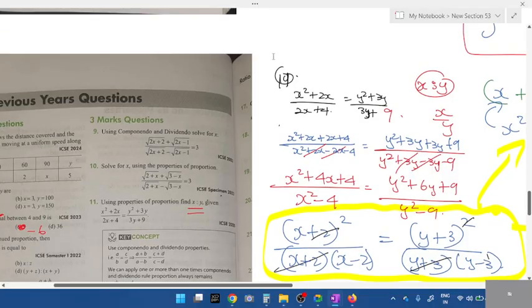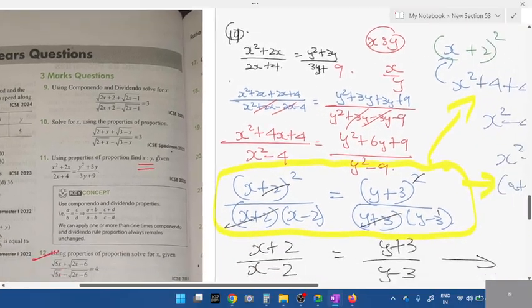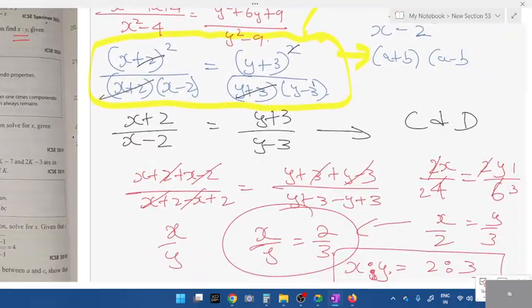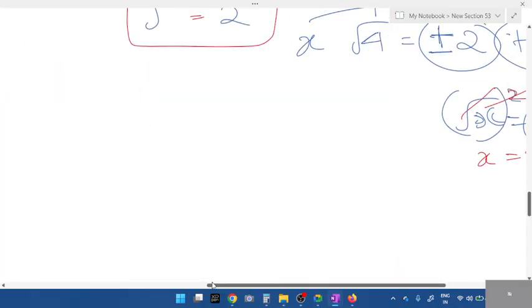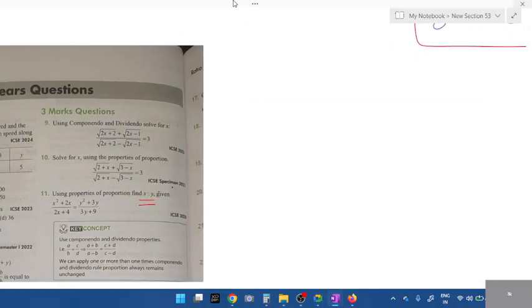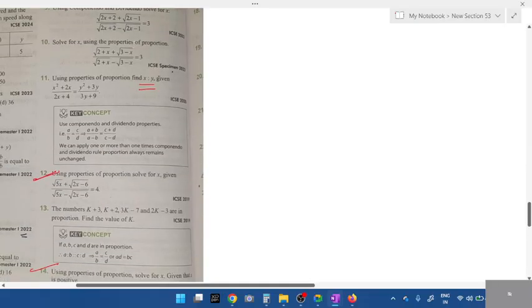I'll do one question. 13th question. All of you have completed, right? Shall we try the 13th one? Okay, 2023-22. Look here. 23 componendo dividendo same. 2020, 19 also same pattern.